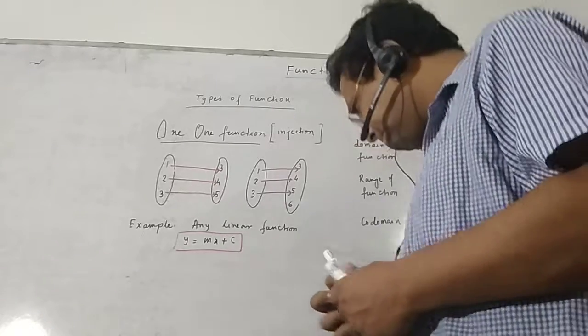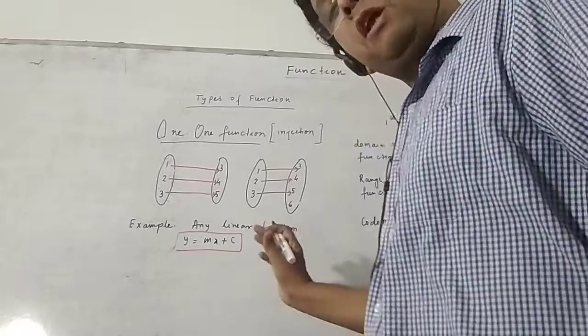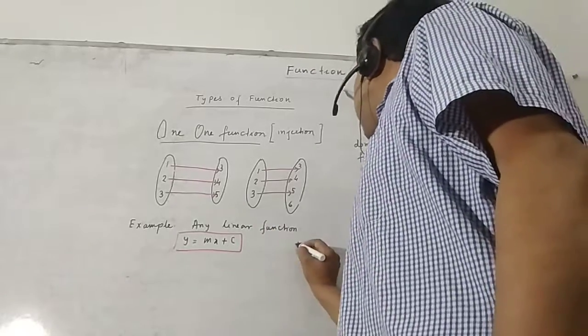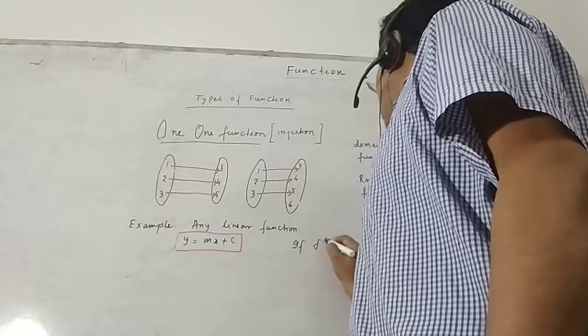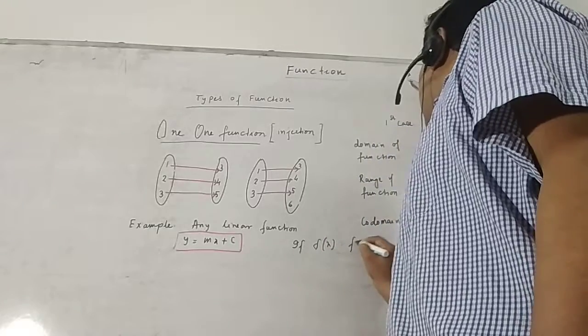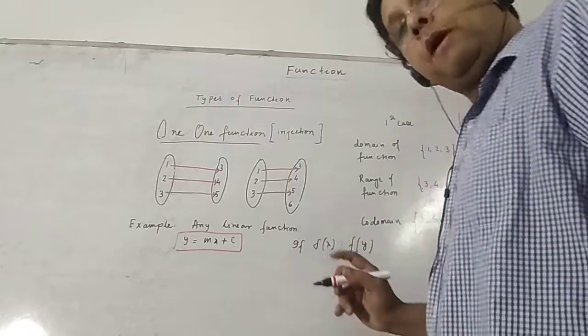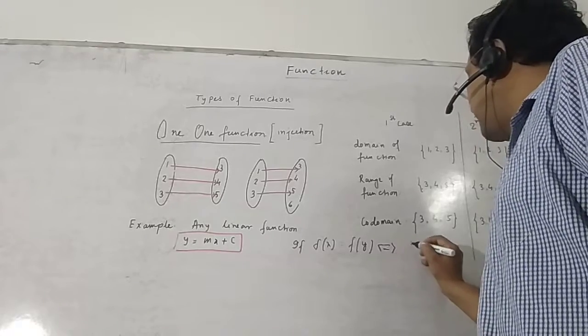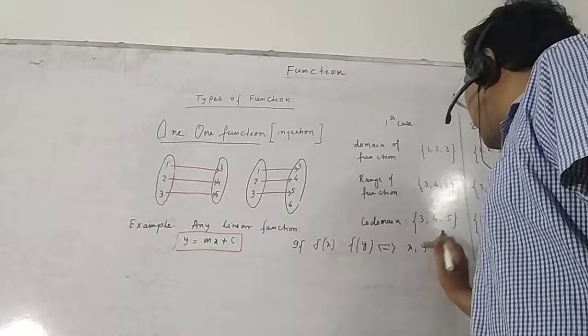For the definition of a one-one function, mathematically we can write it this way: if f(x) is equal to f(y), then this implies x is equal to y.